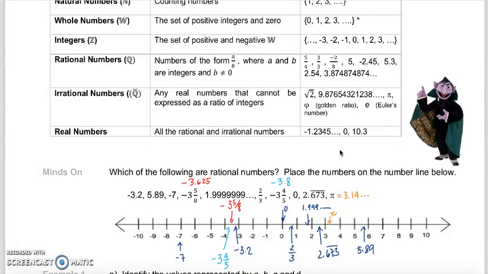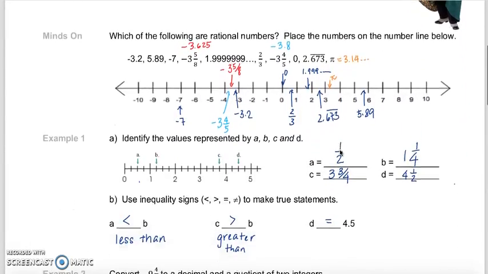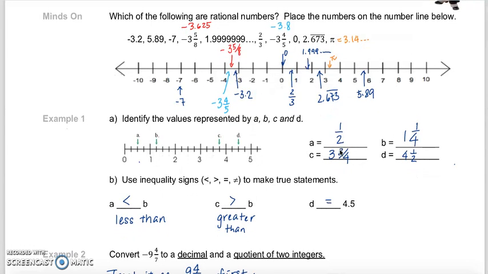So after learning about the different number systems, let's do a warm-up. Here's a number line, and which of the following are rational numbers? Place the numbers on the number line below. So first, I've decided to place all the numbers on the number line.